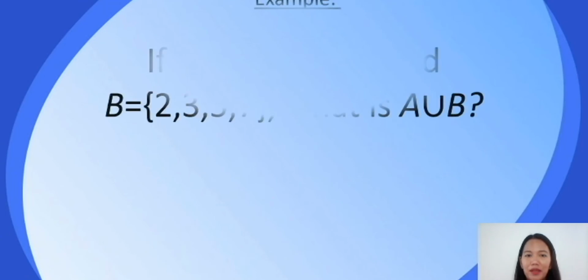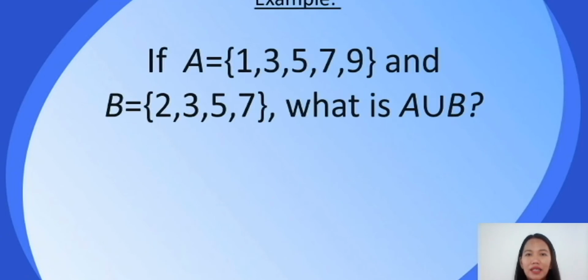For example, if A is equal to 1, 3, 5, 7, and 9, and B is equal to 2, 3, 5, and 7, what is A union B? To find A union B, list down all elements that are either in A, in B, or in both of the two sets.